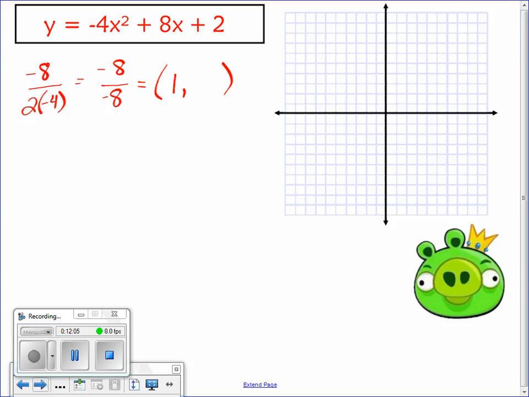All right, so yeah, I got 6. Did you get it to work out, Peyton? Did you get a 1 for your x? That's your problem. Remember, it's negative b on the top, so your b value is positive. Yeah, negative b over 2a.